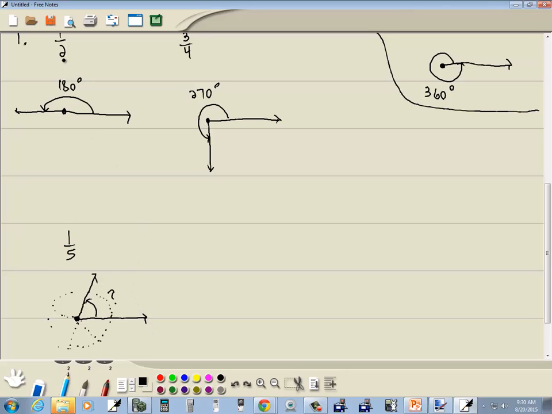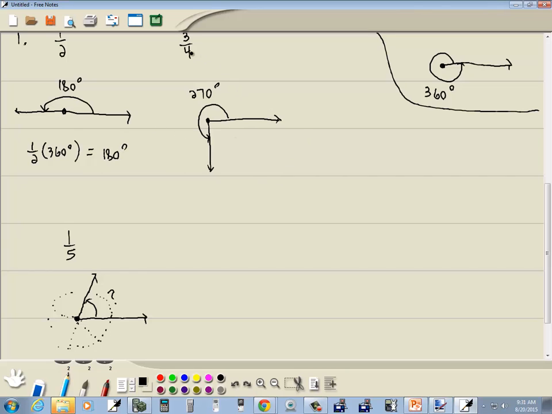Well, let's go back up to the 1/2. All the way around, back to our initial side, would be 360 degrees. So when we say 1/2 of revolution, we're saying 1/2 of 360 degrees. So we're taking 1/2 times 360, which would give us our 180.